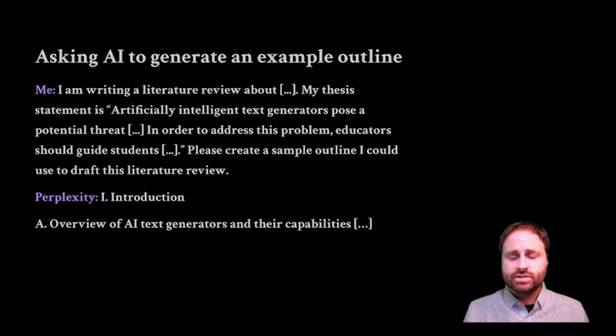In order to address this problem, educators should guide students in learning to use these tools in an informed and responsible manner. Please create a sample outline I could use to draft this literature review.